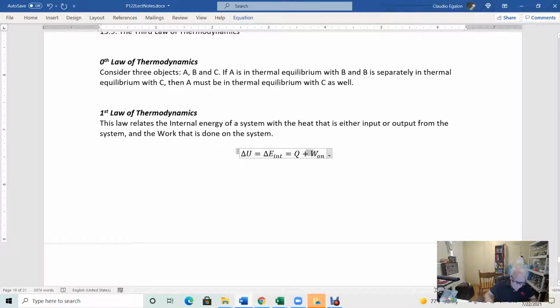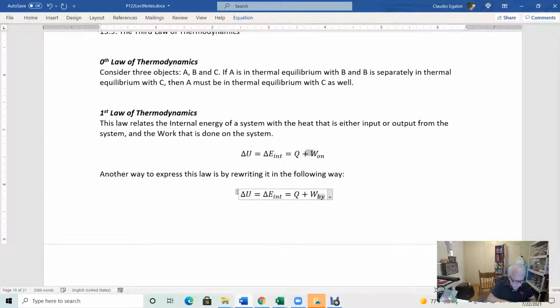So another way to express this law is by rewriting it in the following way, with the work done by the system. But then you change the sign, because the work done by the system is equal to minus the work done on the system.